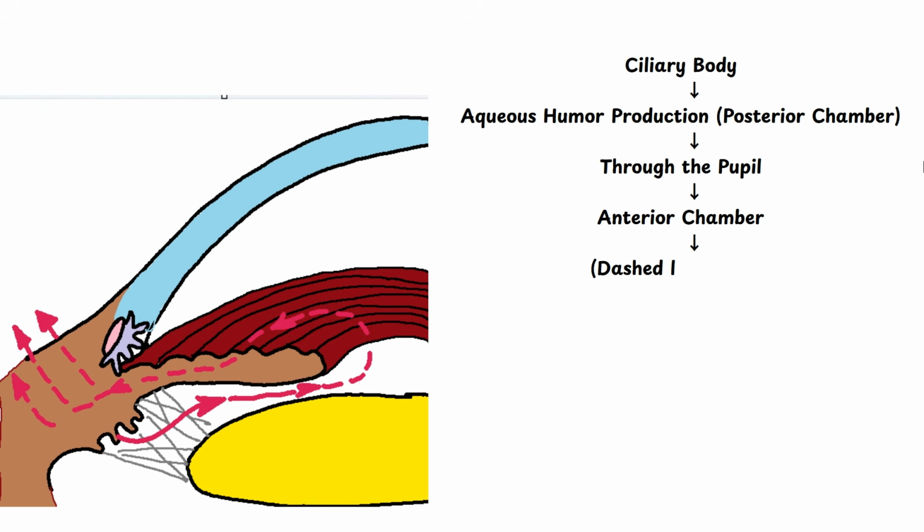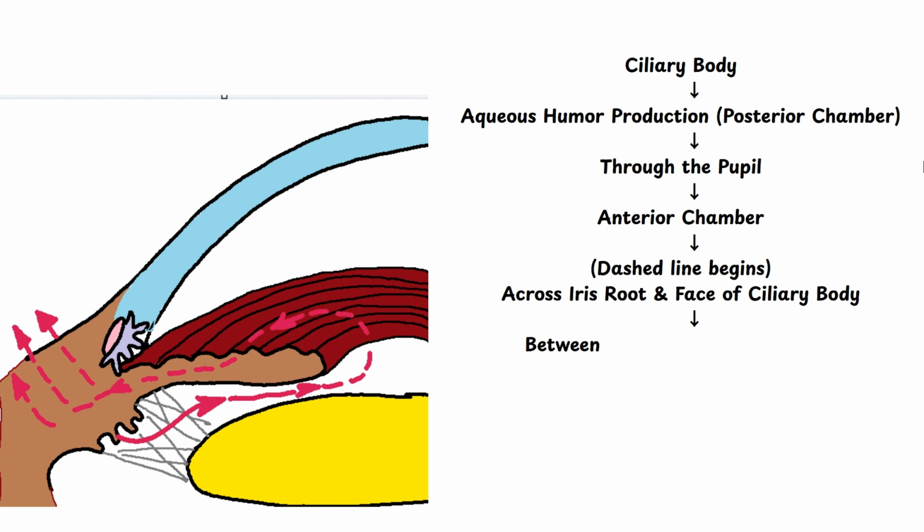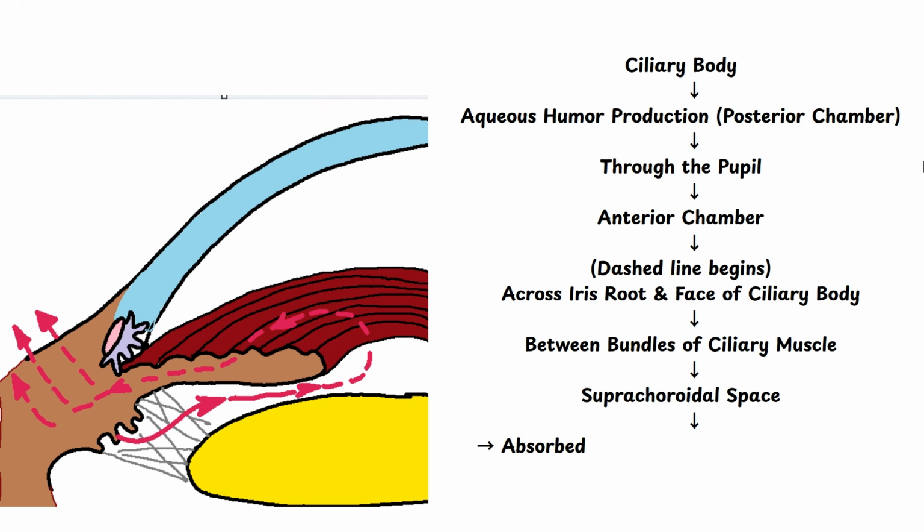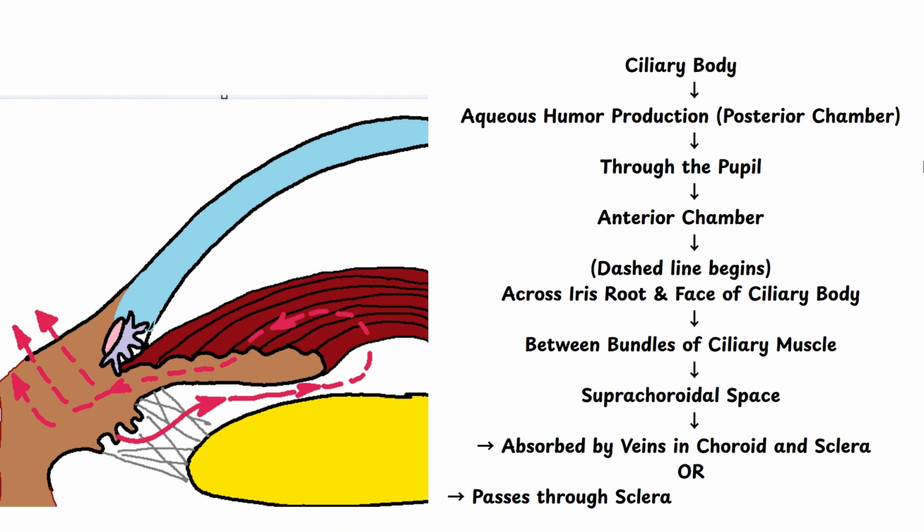So what's happening here is that instead of flowing into the anterior chamber, the aqueous humor now gets absorbed within the interstitium of the iris root and the ciliary body, and it passes between the bundles of the ciliary muscle and goes into the supraciliary or suprachoroidal space, and from there it gets absorbed by the veins present in the choroid and in the sclera, or sometimes it even passes through the scleral pores directly into the episcleral tissue.